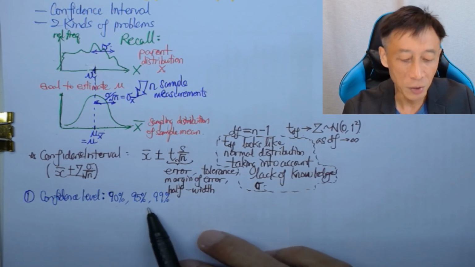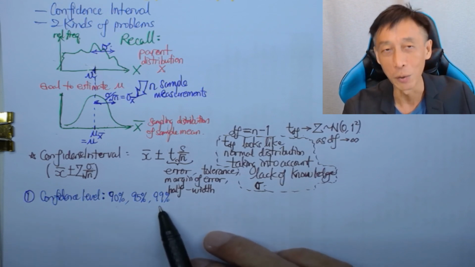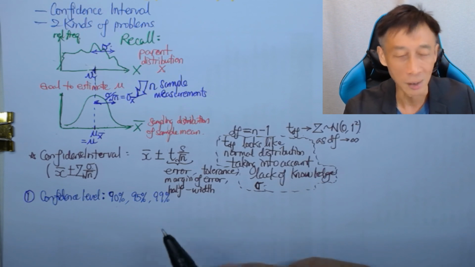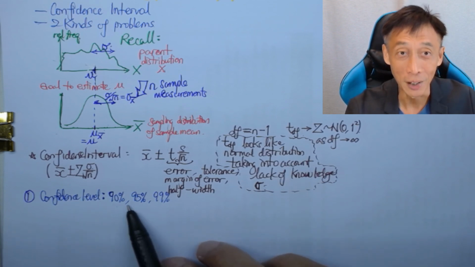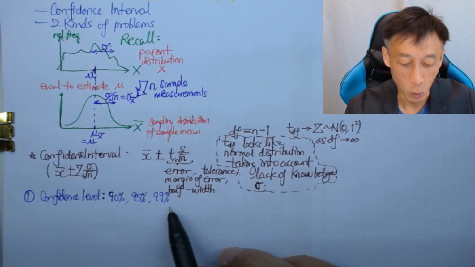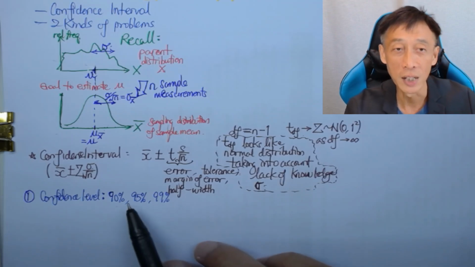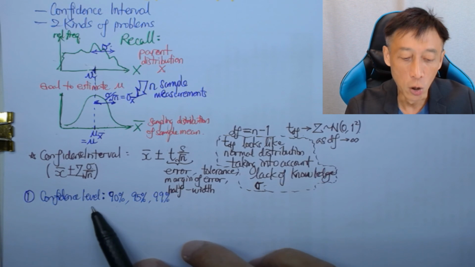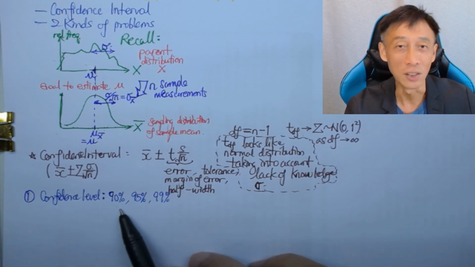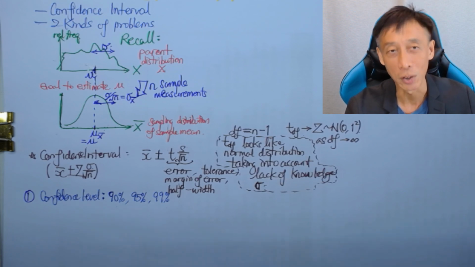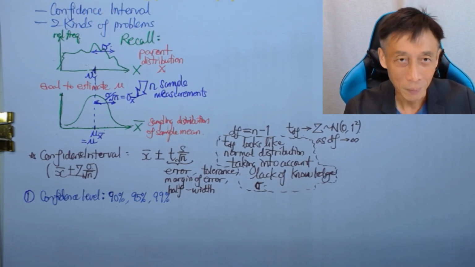If you're super, super sure and want to be numerically very accurate, then 99% sure. But all these are indicating very sure. And we don't give a confidence interval with a low confidence level. In fact, lower than 90% is not acceptable. 85%, 80%, people think you're trying to be funny, right? And it's not funny.